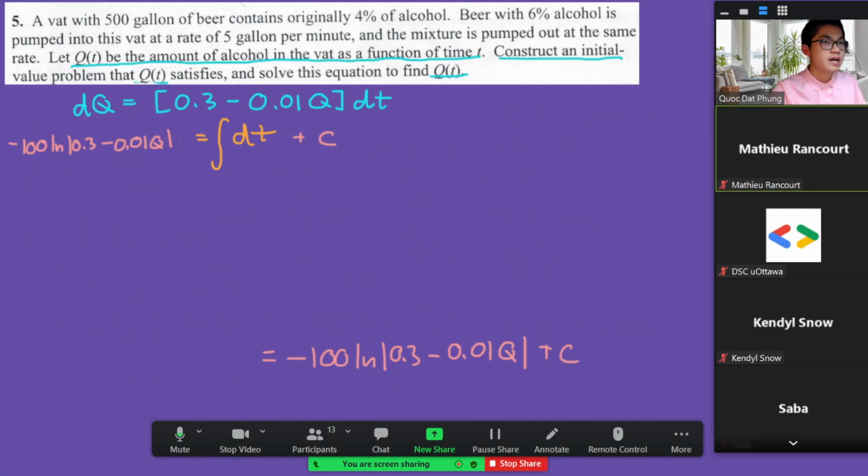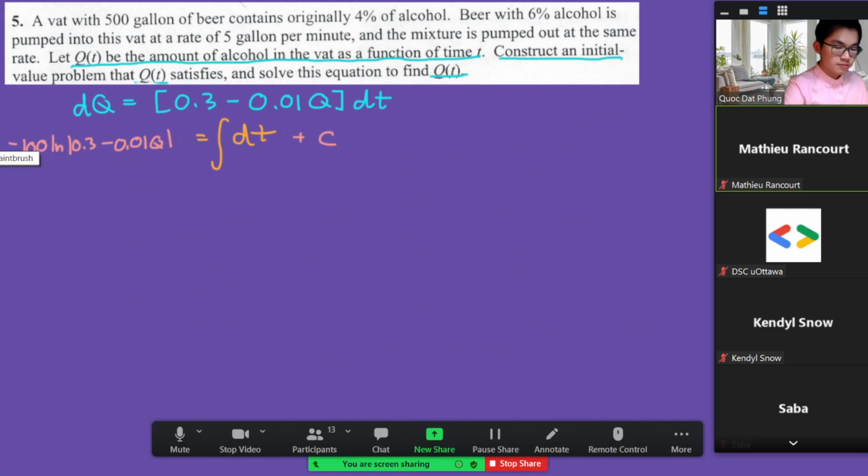You can put it on the side too. It's fine. Now over here, when we integrate it, we get t, right? We're going to get t. And we divide both sides by negative 100.